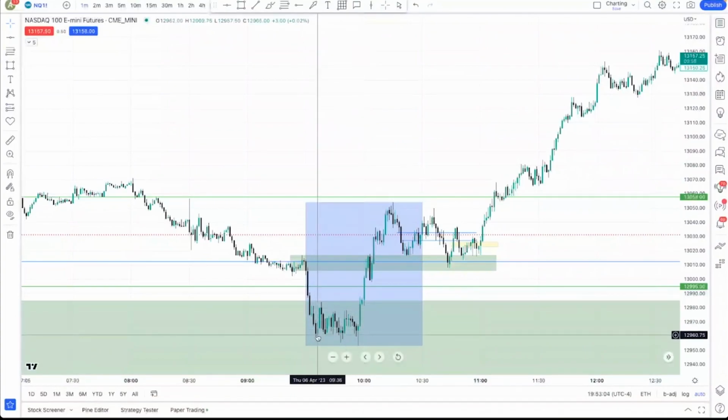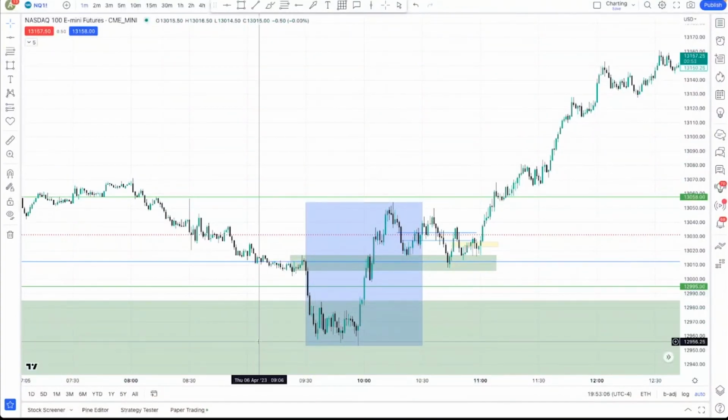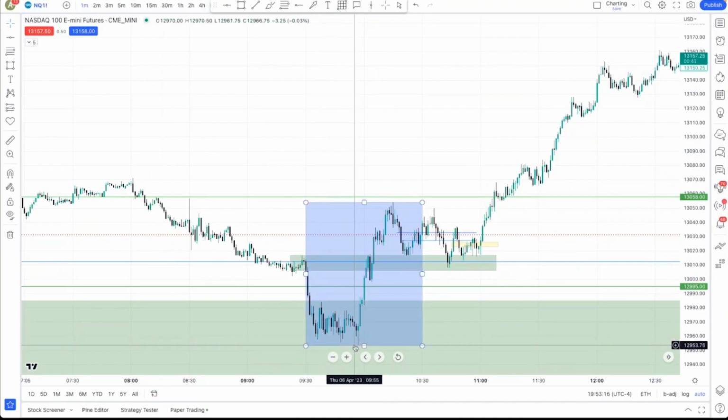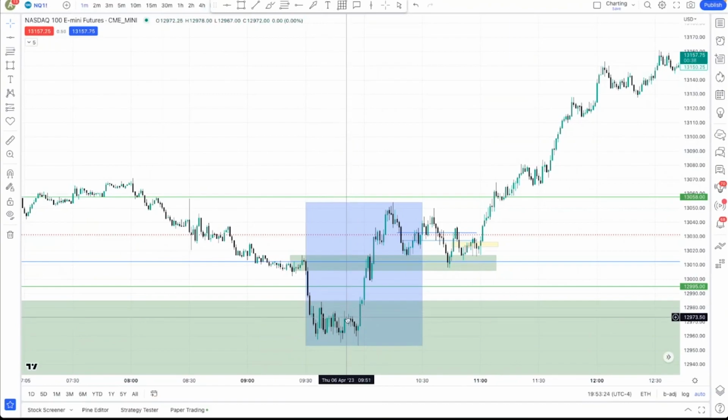This is always a distribution pattern. We have a run on liquidity into this breaker, a second run on liquidity, and a third run on liquidity. When was this? 9:57. Okay, so this is after, here's 9:51, here's the 9:50. What does that 9:51 candle do? It just takes out the high of this little swing.